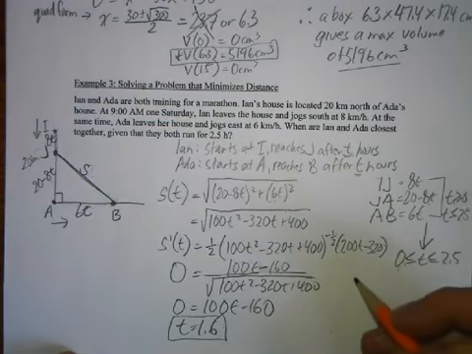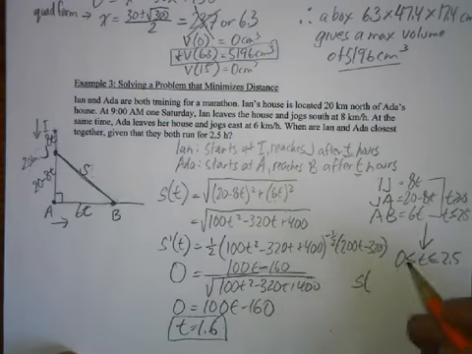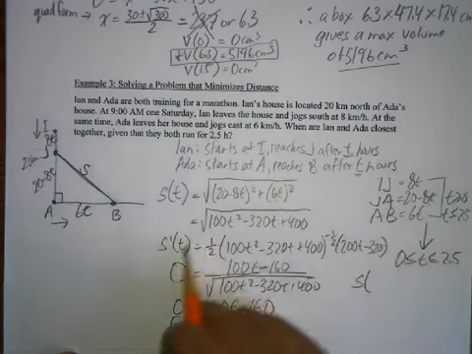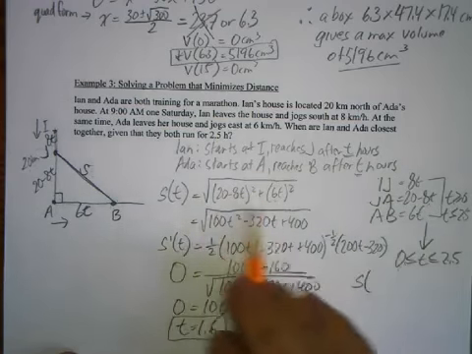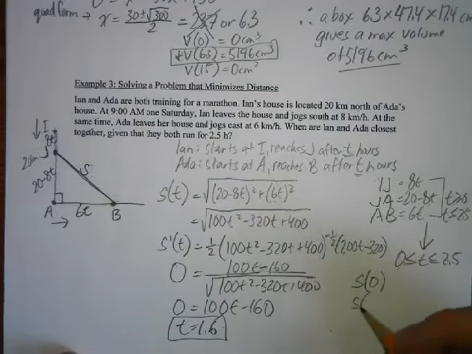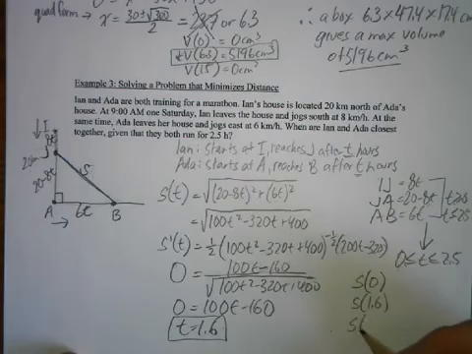So just like before, we plug these two values plus the 1.6 back into our distance equation. So we have s at 0, s at 1.6, and s at 2.5.